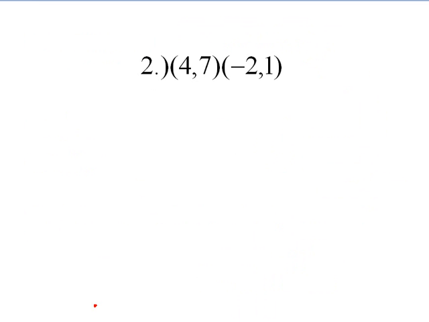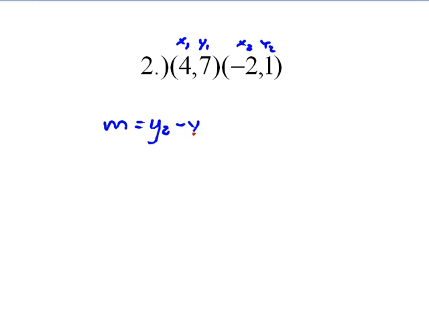Alright, here we are with 2 points. We can find the slope. Remember, let's put some labels up here to help us out: X1, Y1 and X2, Y2. Now let's get our slope formula, because we probably don't remember it.